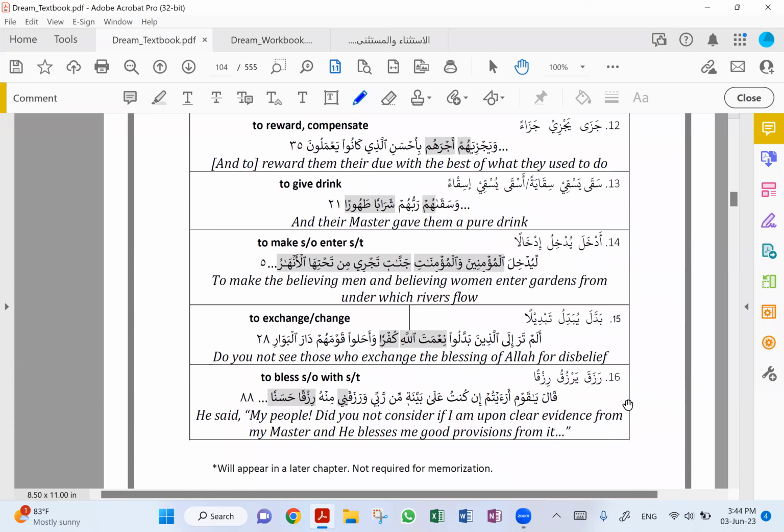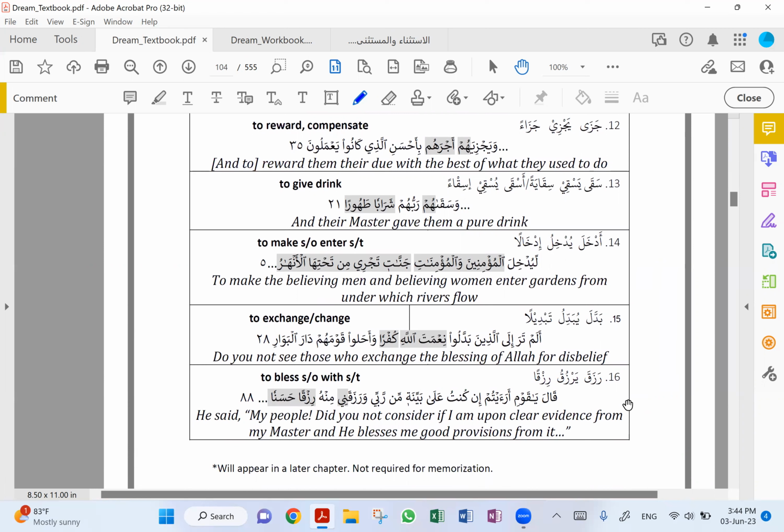Adkhala, again, same thing. And most of the time you will see that, we will talk about, I think in advanced nahu, muta'addi biharf, where if you can make fi'ls that are lazim, fi'ls that don't take a maf'ul, you can actually make them take a maf'ul by doing certain things. One of them is to put a harf of jar.